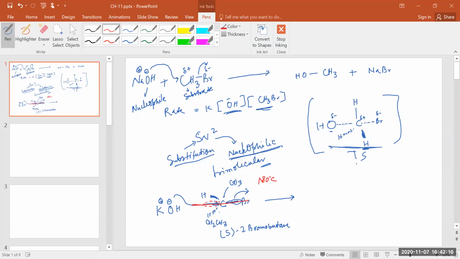The bonding between carbon and bromine and the anti-bonding are on one plane at 180 degrees. So when KOH reacts, it starts making a bond with the empty anti-bonding orbital, and the bromine starts leaving. So the nucleophile comes exactly from the opposite side of the bromine.